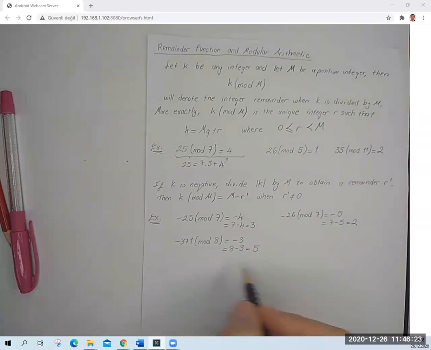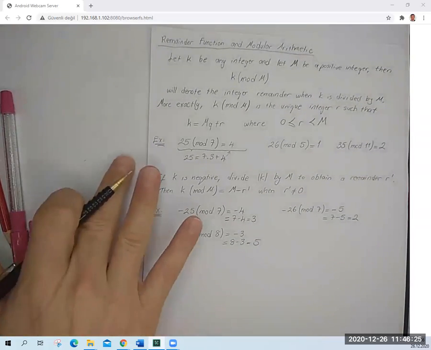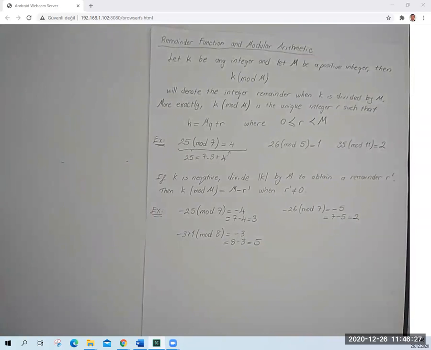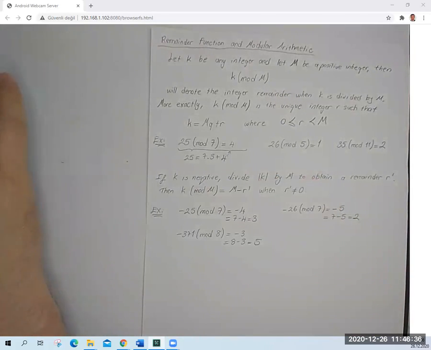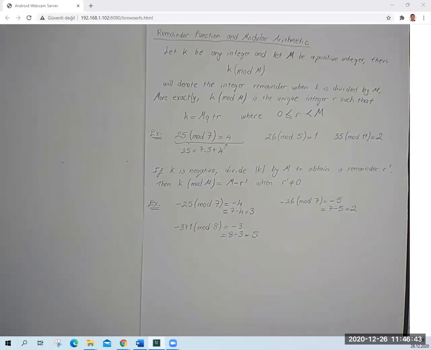So there are some details of the remainder and modular arithmetic. The best application area of the modulo function or that kind of remainder is that you have the chance or ability to hide your information using modular arithmetic.